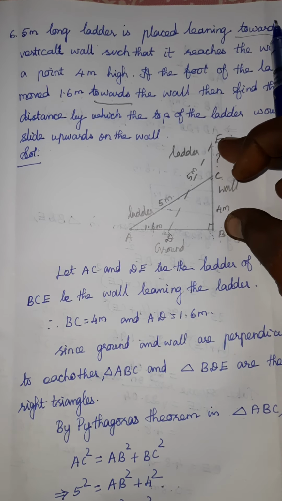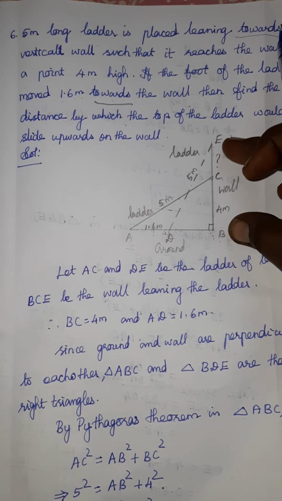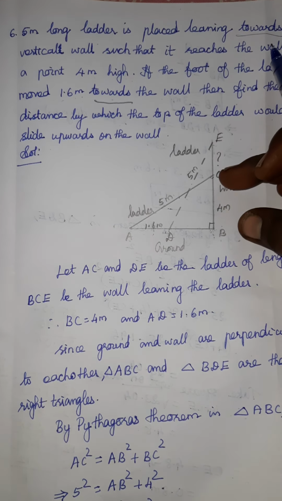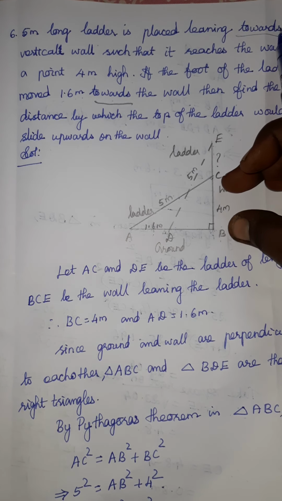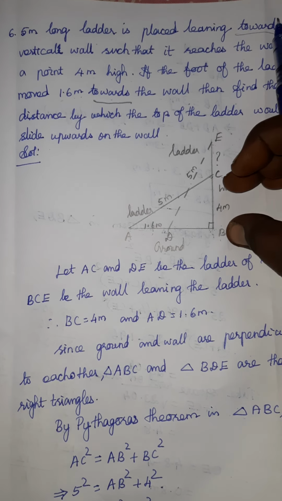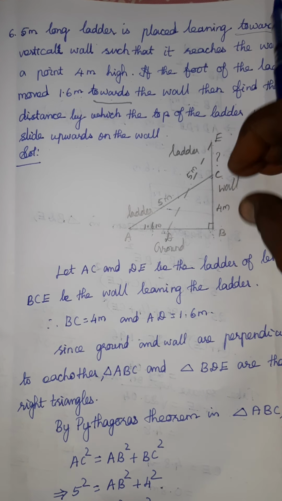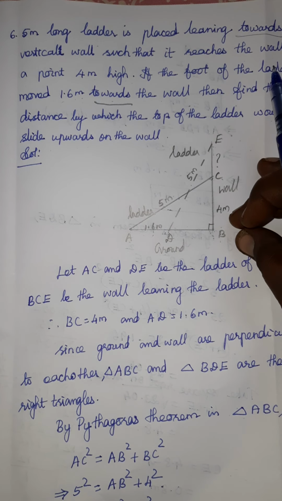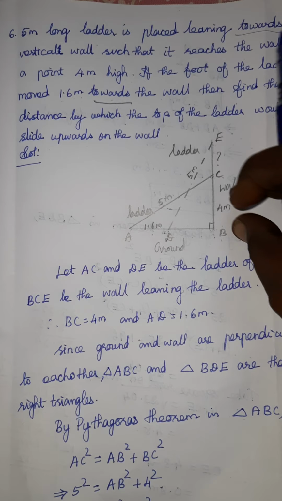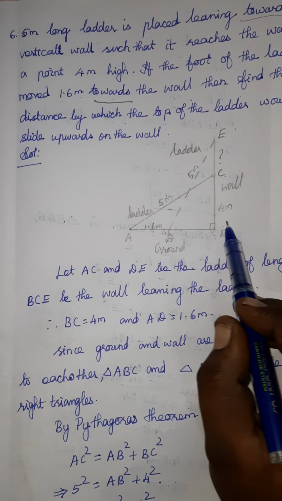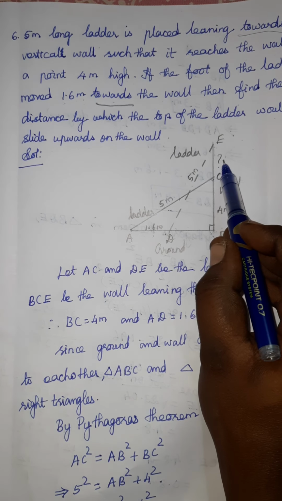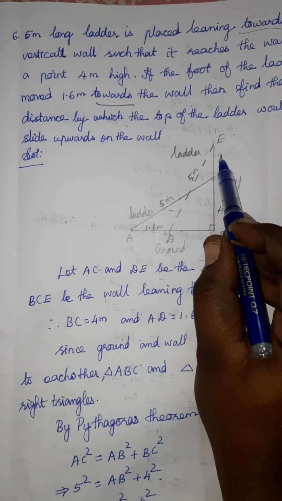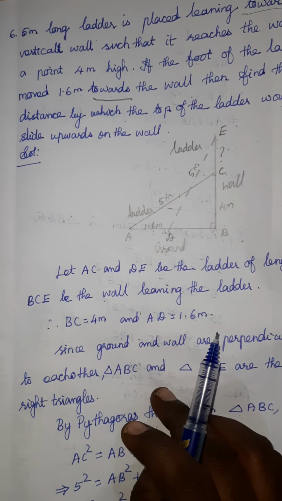Are all clear? Total length BE. But in that BE we don't know the CE value, we only know BC is 4 meter, so we wrote it as BC plus CE. Instead of BC we wrote 4 meter, so it is 4 meter plus CE. From that we found the CE value, which is 0.8 meter. Are you all clear?